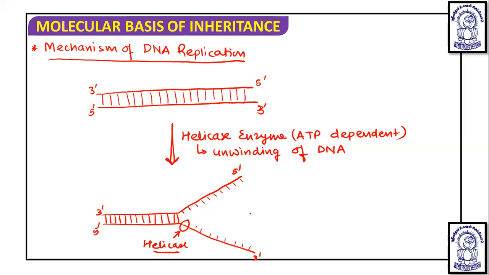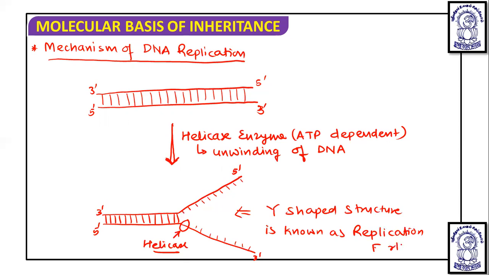This Y-shaped structure is known as the replication fork. So this way the replication fork is produced.